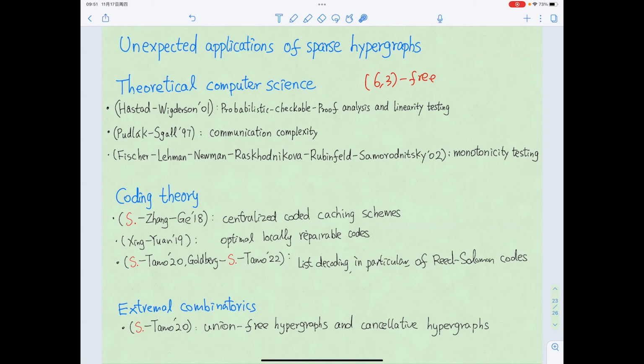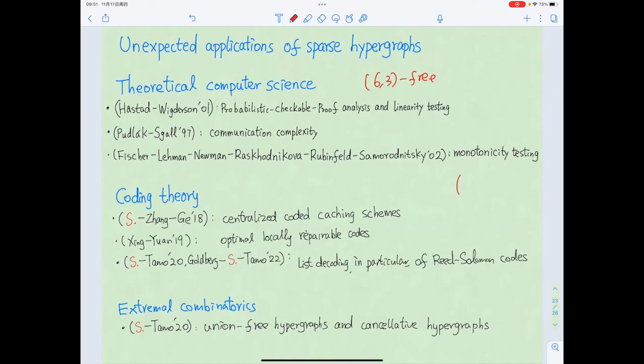As Hong has a paper on list decoding, I want to say a few more words about the connection between sparse hypergraphs and list decoding.